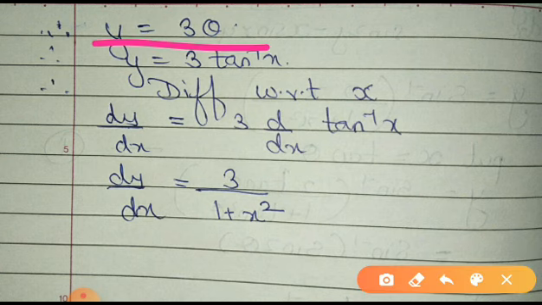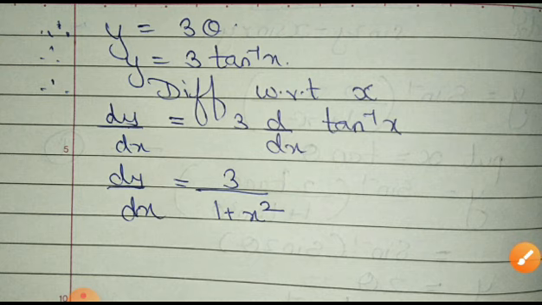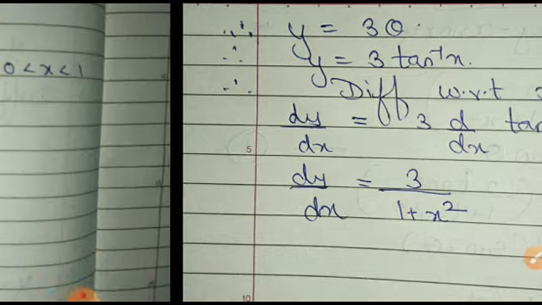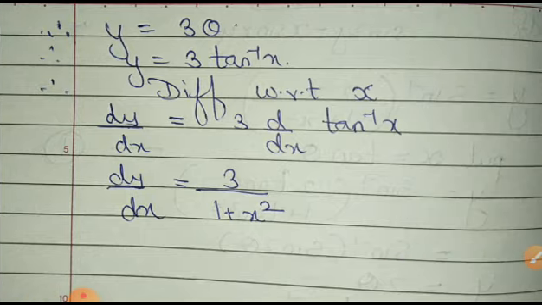Okay, this one. So instead of theta, I can write tan inverse x. So differentiate it with respect to x, you will get dy by dx as 3 by 1 plus x square. Derivative of tan inverse is 1 by 1 plus x square, and hence you will get this as the answer.